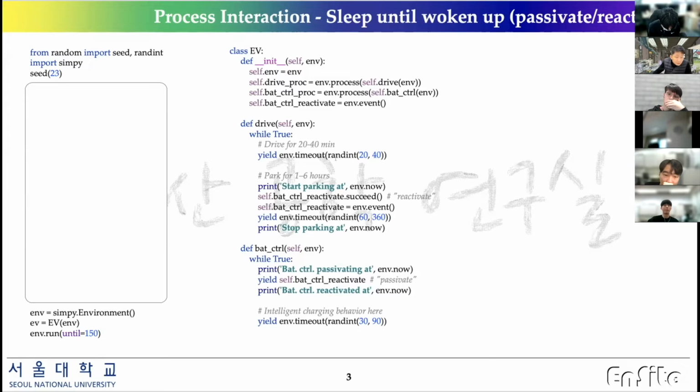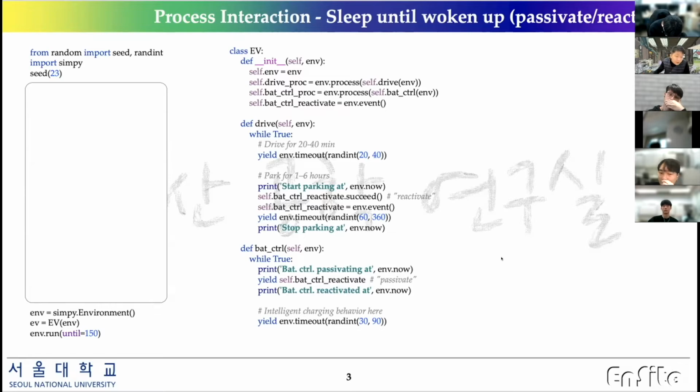While the car is driving, the controller can be in a passive state, but it has to be reactivated as soon as the car is connected to the power in order to charge the battery of the car. In SimPy version 2, the passivate and reactivate functions were required for waiting for a certain kind of condition.